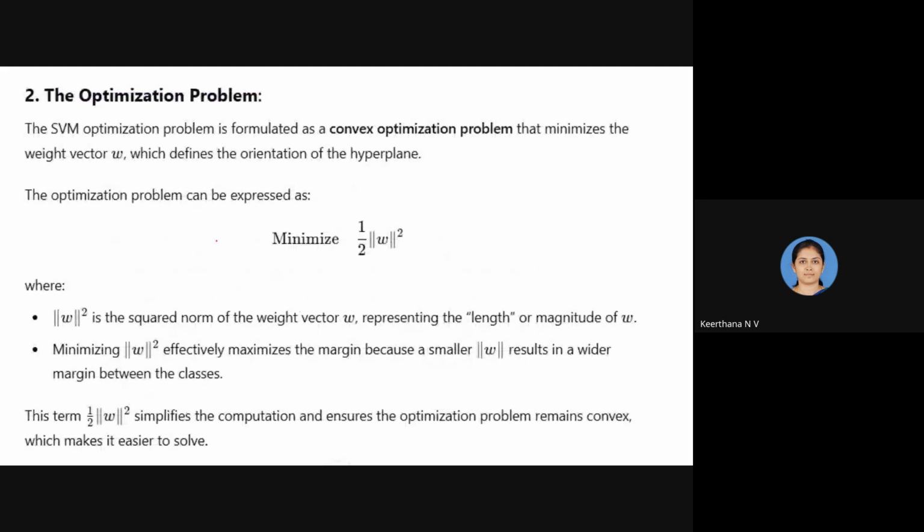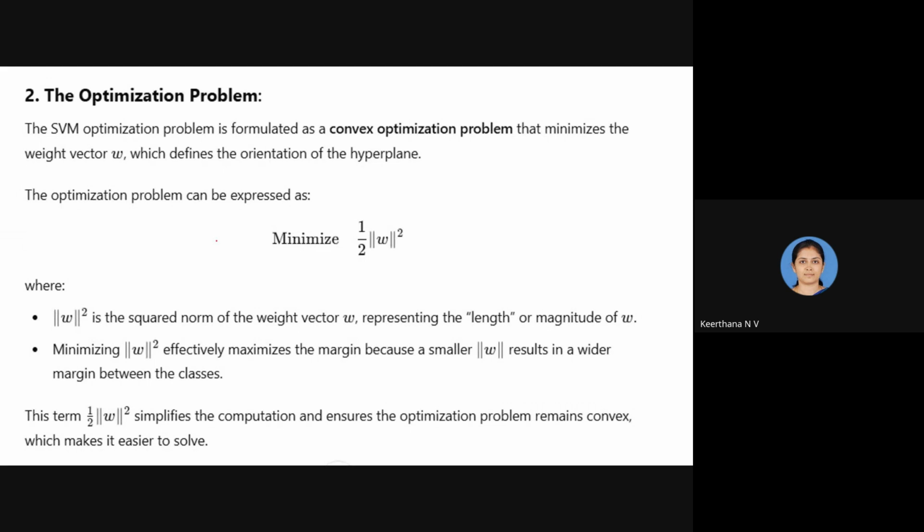The second thing: what optimization problem are we dealing with in SVM? We are dealing with a convex optimization problem. Why convex?